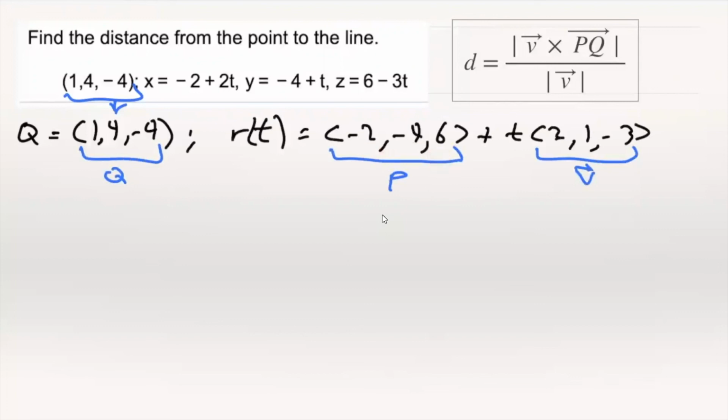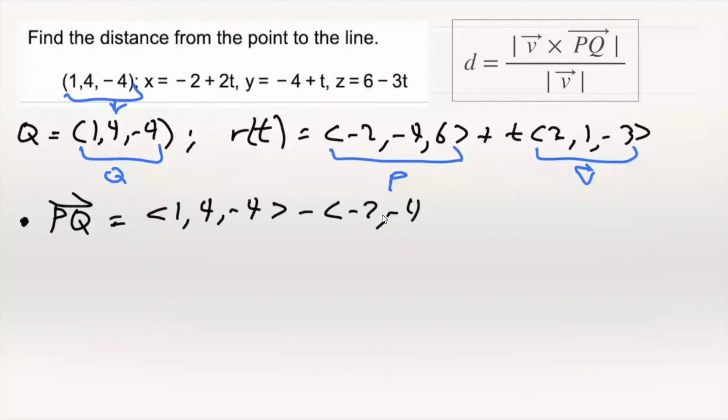That's always a point P on the line, just plugging in t equals 0, that goes away, that's a point on the line. Okay, so now we know that PQ, that's Q minus P, is 3, 8, negative 10.